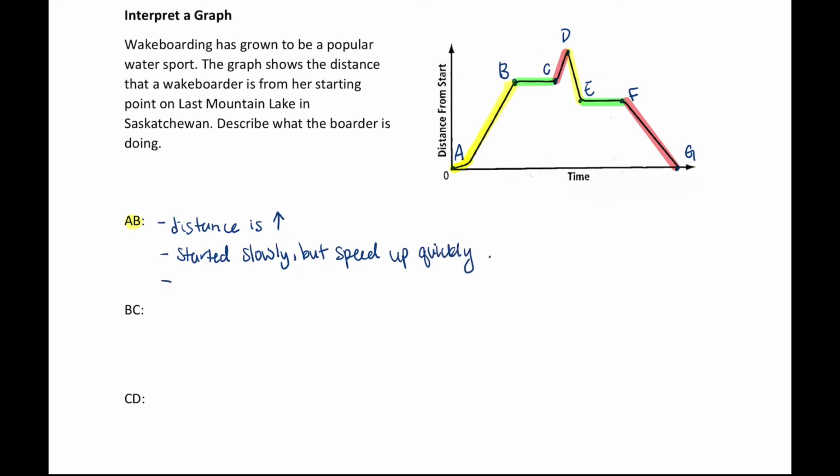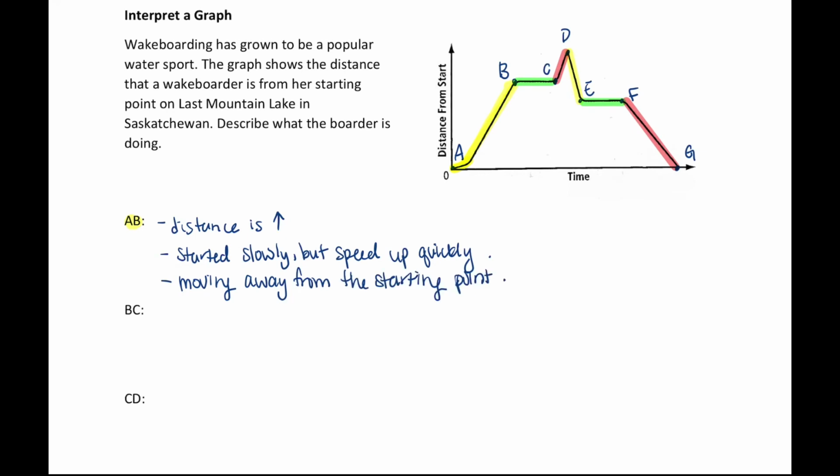So also, because the distance from the start is increasing, we can say that the wakeboarder is moving away from the starting point at a constant speed. Moving away from the starting point.